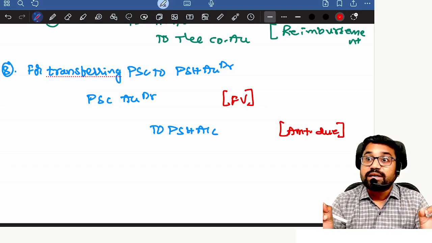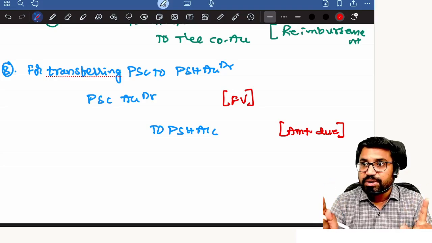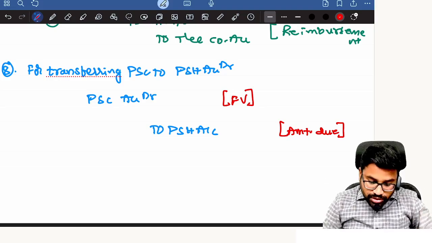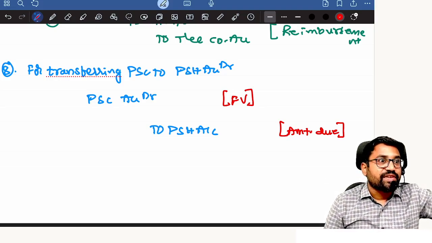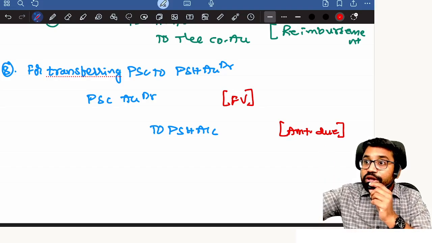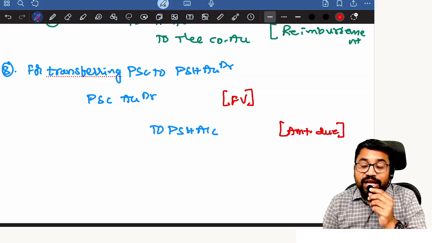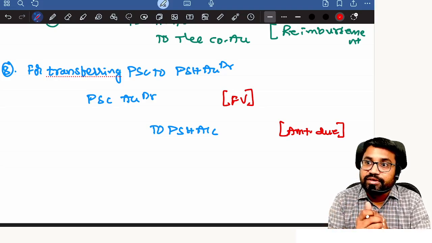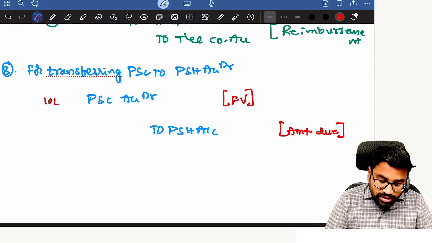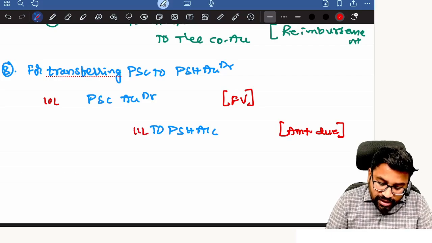We are discussing preference shareholders of the transferor company. First, preference share capital will be transferred to preference shareholders. Preference share capital you will close at face value, but the amount due to preference shareholders can be more than face value. Suppose you are redeeming preference shareholders at a premium of 10%. Suppose preference share capital is 10 lakhs. With 10% premium, you need to pay 11 lakhs.